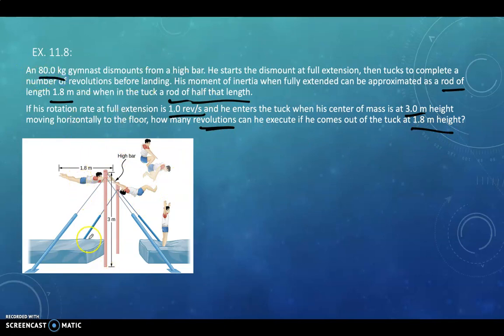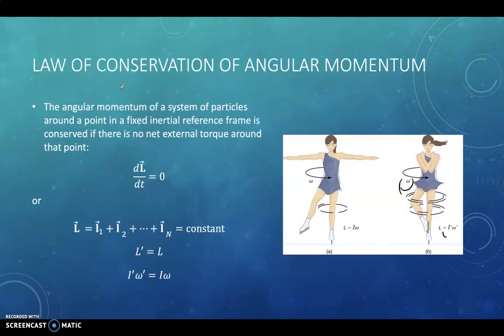So we have this gymnast, and he is preparing to dismount, and as he dismounts, he tucks in, and then he lands. We're trying to find the number of revolutions that he can execute as he comes out of the tuck. So let's see. We know that the angular momentum has to be conserved, before and after the tucking.